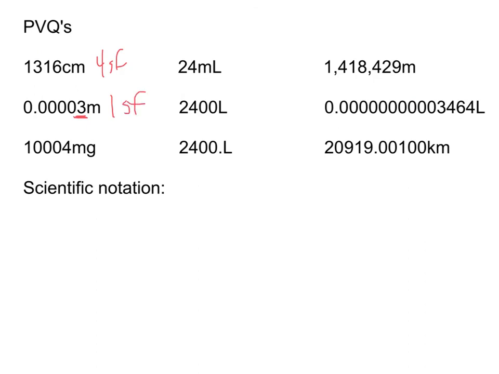All right, you're in charge of answering the rest of these. Do we want to do any type of scientific notation with them? Give an example. All right, let's go: 4.040 times 10 to the 15th microseconds.